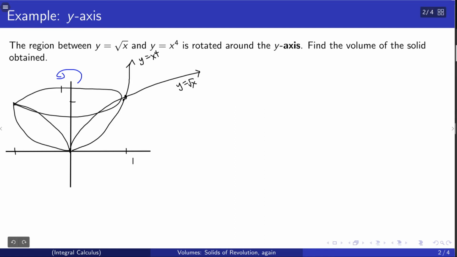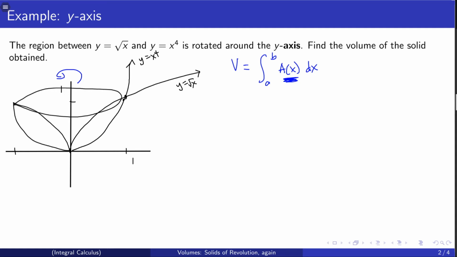Now, again, remember what I've been saying since two videos ago. In order to compute volume, you just need to know what the area function is, whatever this area is that you're accumulating.